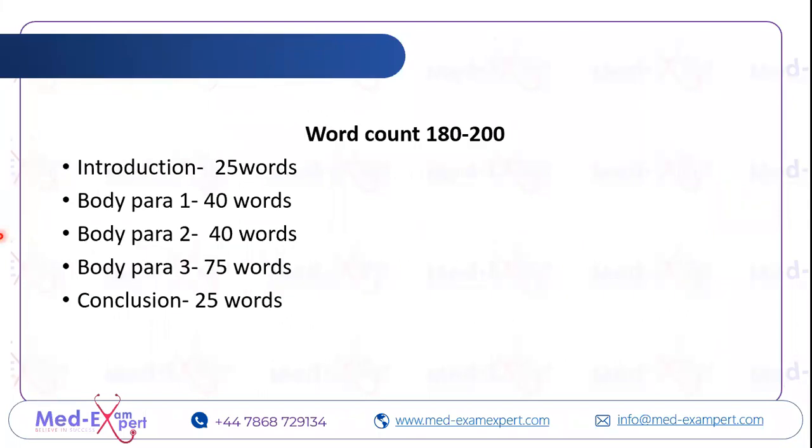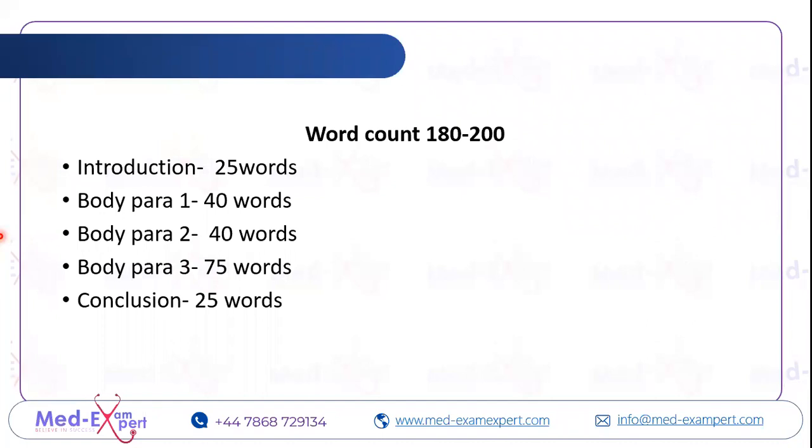Now, regarding the word count of 180 to 200 words, it's not like you have to follow this rule only. It's just for your help, so that you can organize your letter in this way: keeping your introduction up to 25 words, first paragraph 55, second 40, third 75 because it has the discharge plan or the referral plan, so that has to be a longer one, and a conclusion of 25 words.